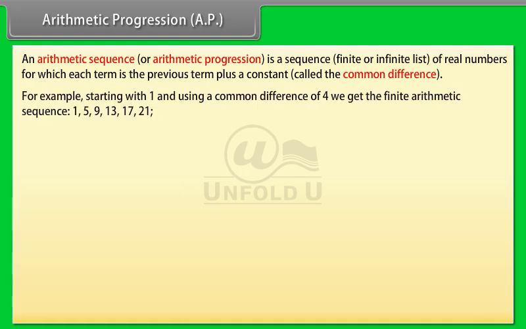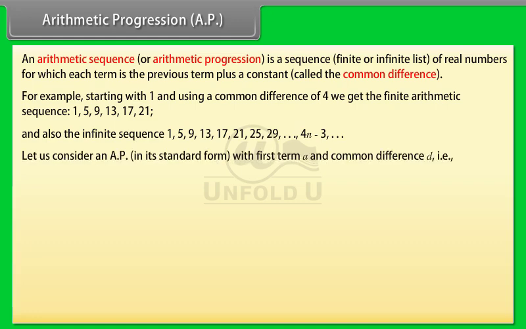For example, starting with 1 and using a common difference of 4, we get the finite arithmetic sequence 1, 5, 9, 13, 17, 21, and also the infinite sequence 1, 5, 9, 13, 17, 21, 25, 29 till 4m - 3.